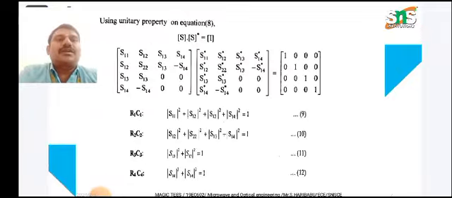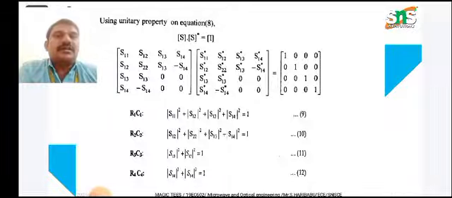So from these equations we obtain row into column, that is R1 C1, R2 C2, R3 C3 and R4 C4. That is, S11 into S11 star is equal to the modulus of S11 squared. Like this, all things have been represented here as equal to 1.